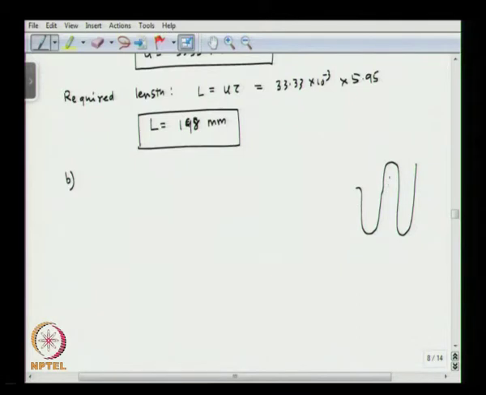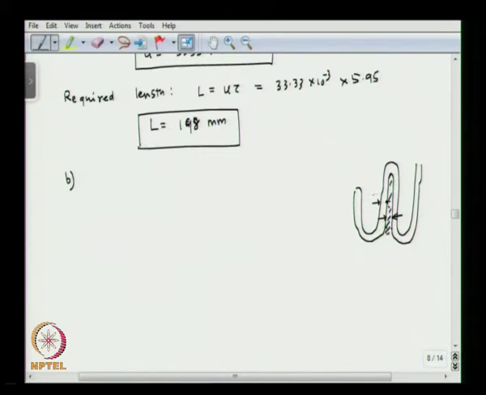and if we say, so we make some assumption, we say that the channel width is same as the gap. Okay. So, this is where the material is and this is where the channel is.